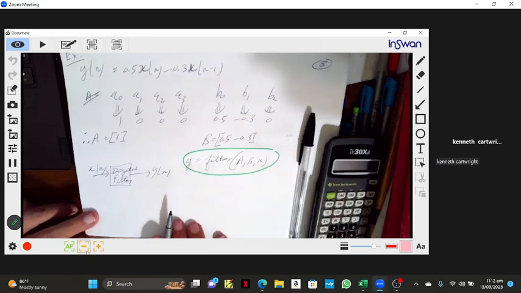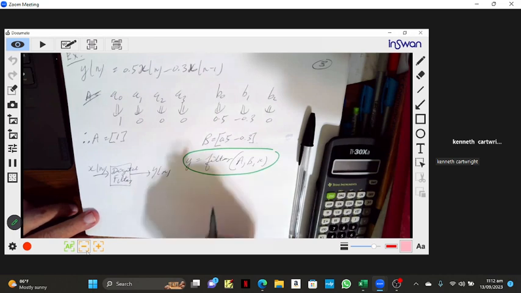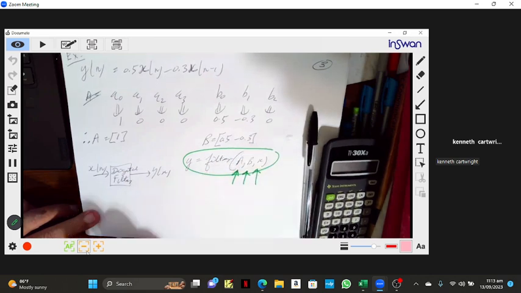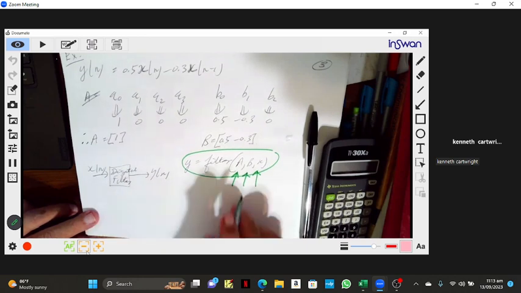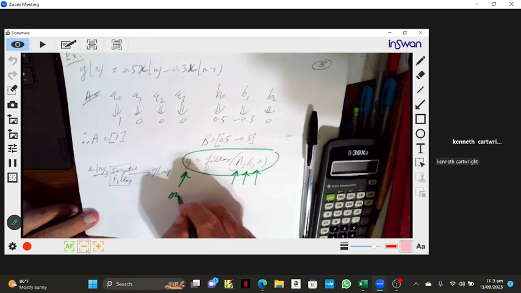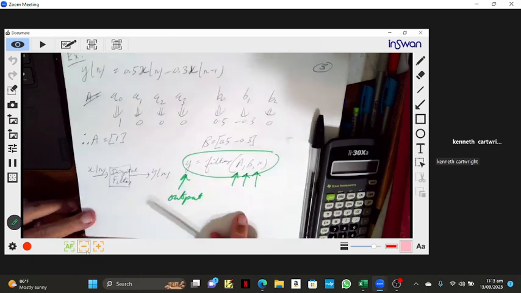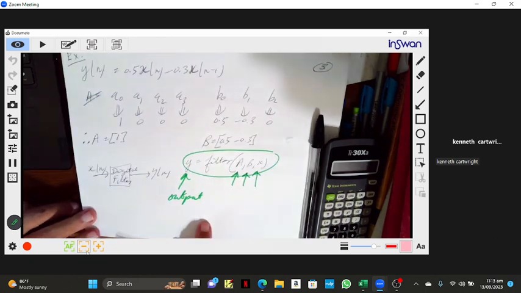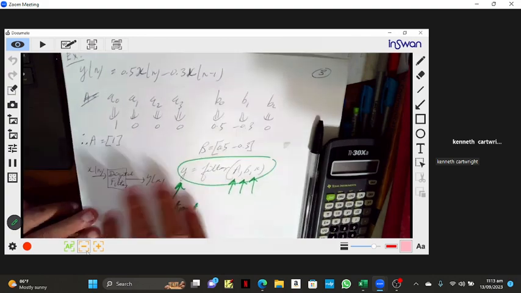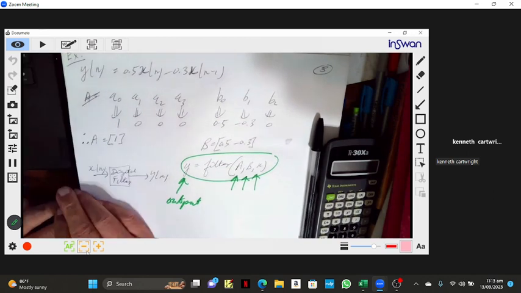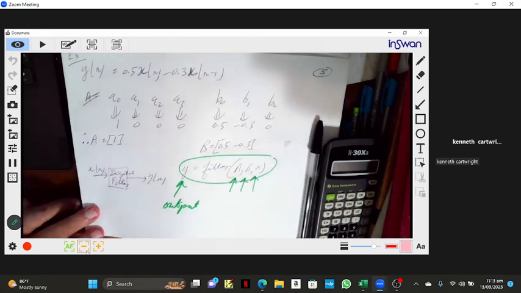And what does that mean? That means give me the A vector for that filter, give me the B vector for that filter, give me the input, and this command will give me the output. So what am I telling you? I am telling you, you are refusing to learn something that you'll need.